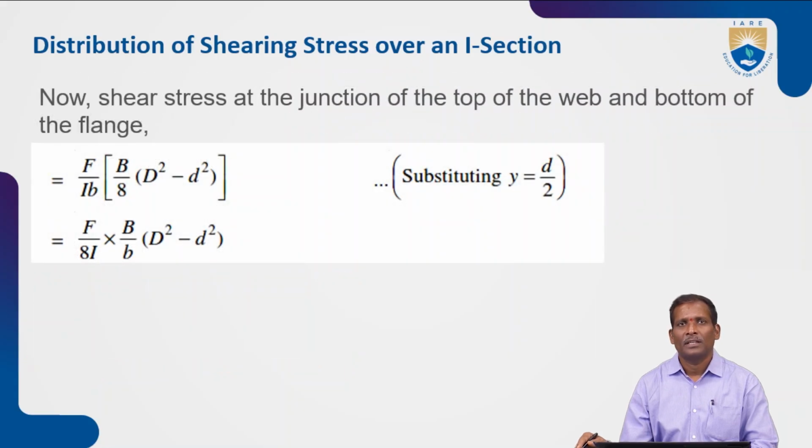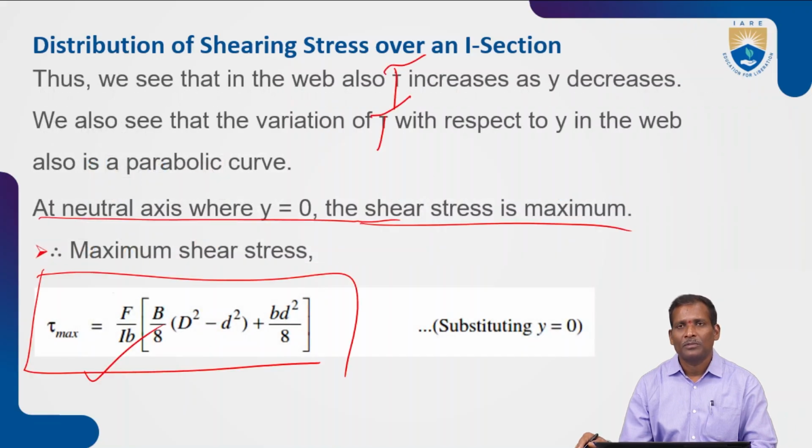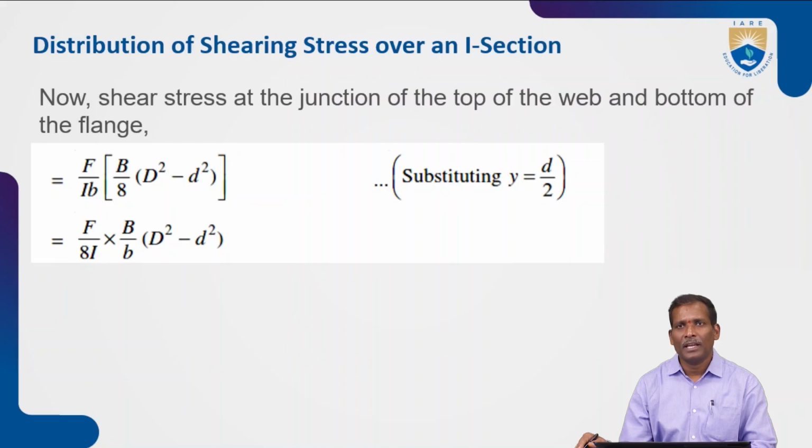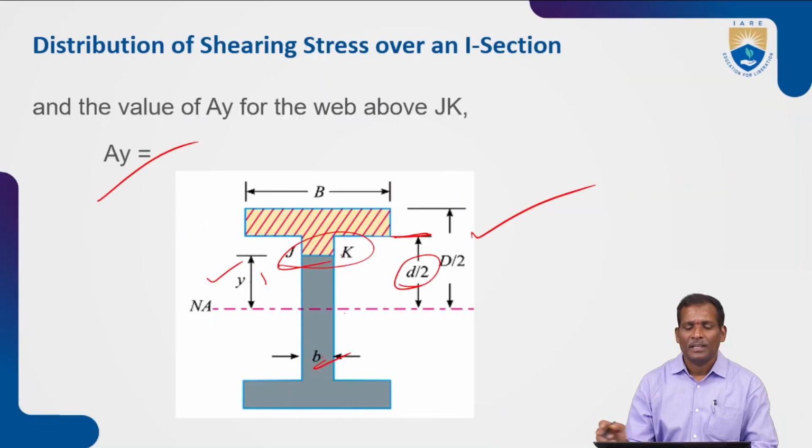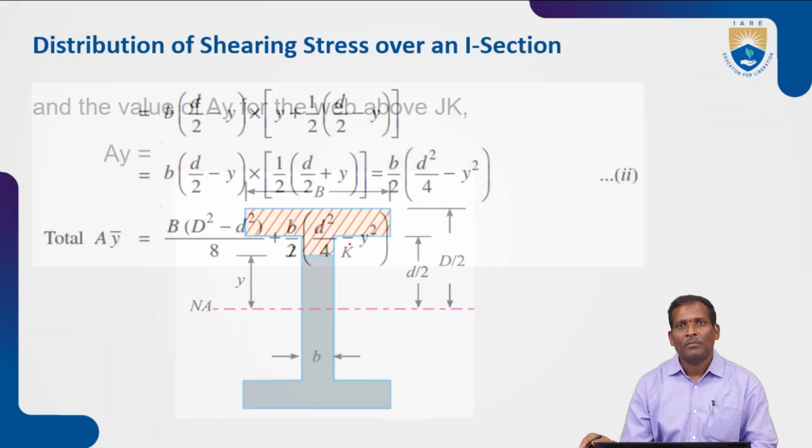So the shear stress at the junction of the top of the web and the bottom of the flange, substituting y is equal to d by 2. At the junction, top of the web and bottom of the flange.